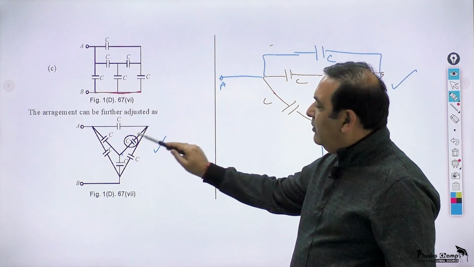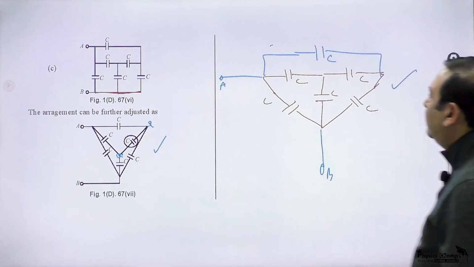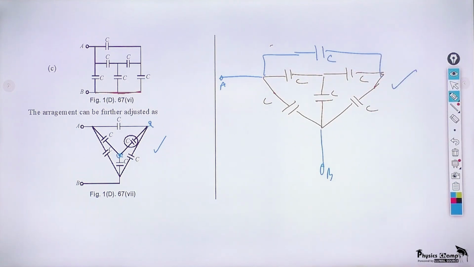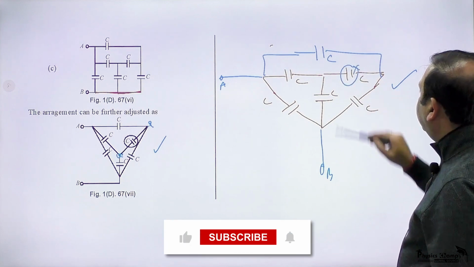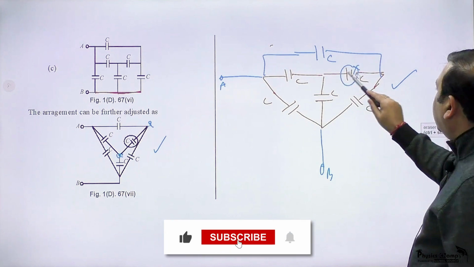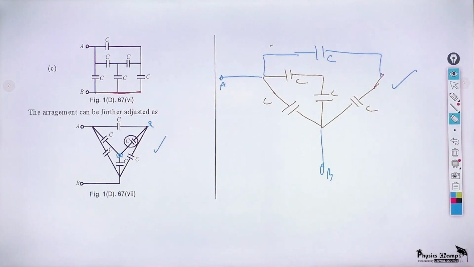Over here it is. This is going to be P and this is going to be Q. So the one which is removable is this one. And if I remove this one, then the things are very clear.